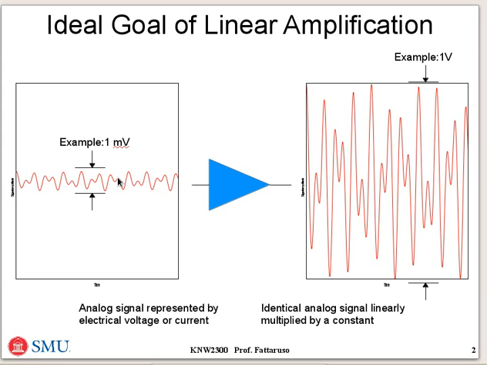Usually we think of a signal being represented as an electrical voltage or potential level on a node in an electrical network, but sometimes you'll see circuits where the signal is more represented as an electric current rather than a voltage. But in this example case, we have a fairly low-level signal that's represented as a voltage.